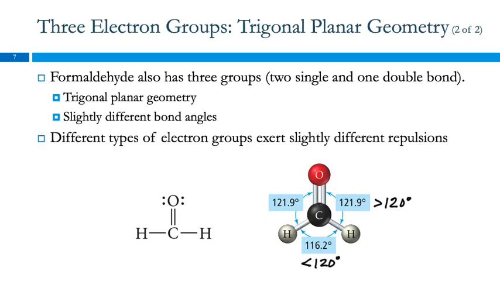It doesn't actually have anything to do with the oxygen. It's the fact that it's a double bond. So there's single bond, double bond. The double bond is more repulsive than the single bond. The atom at the end doesn't actually matter at this point. So the different types of electron groups have slightly different repulsions.